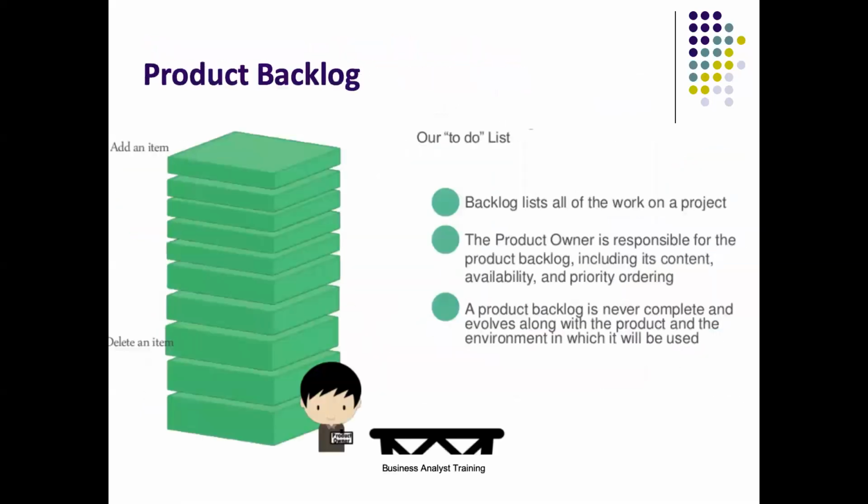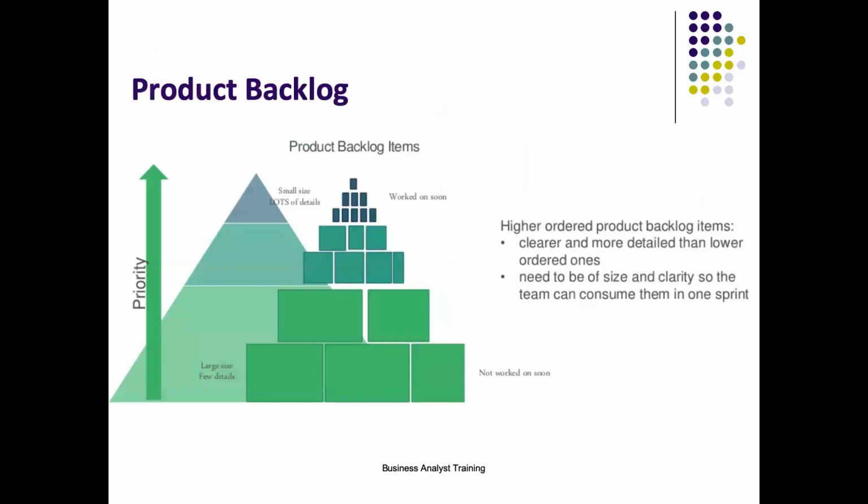Okay, so again, you can all read through what the product backlog is in detail. As you can see, things that are on top of priority are more detailed. The things as you go deeper, which are not a priority, are more vague, very high level.